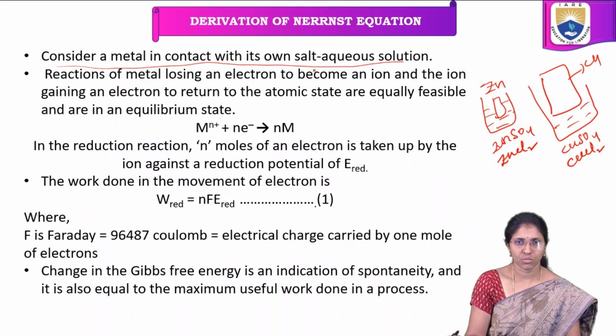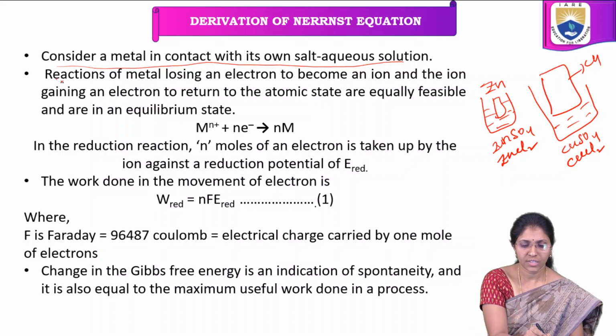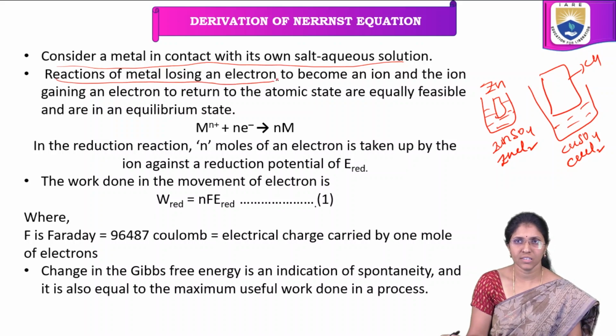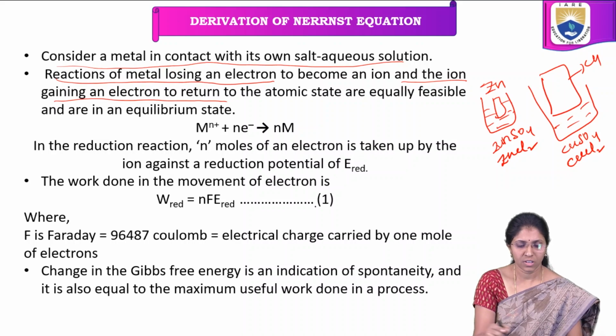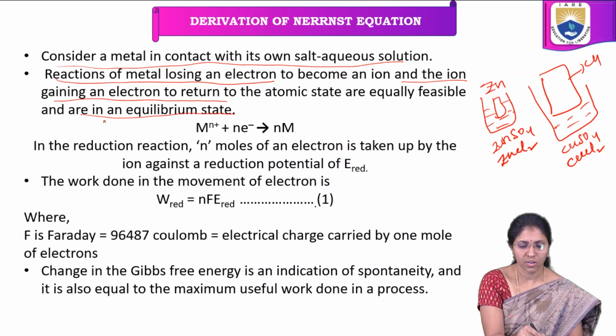So the reaction of the metal losing electrons to become an ion, and the ion gaining electrons to return to the atomic state, are equally feasible and are in an equilibrium state.